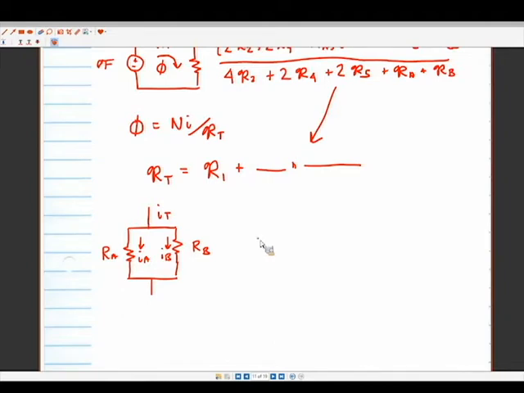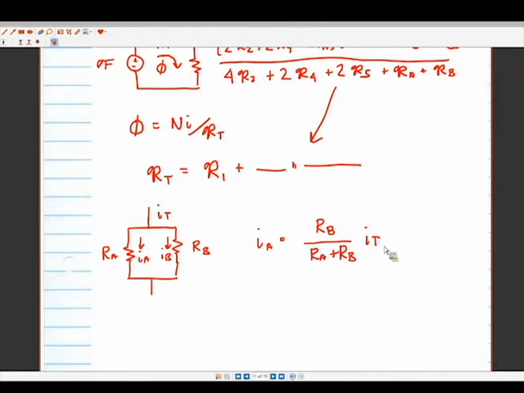All right, so if I want to know what is IA, that is then RB over RA plus RB times the total current.